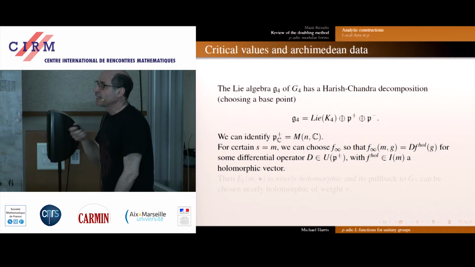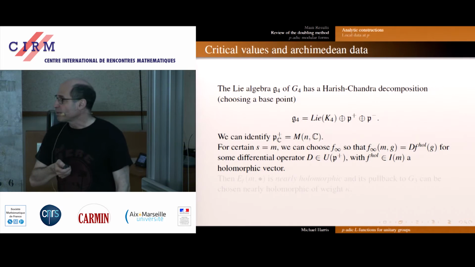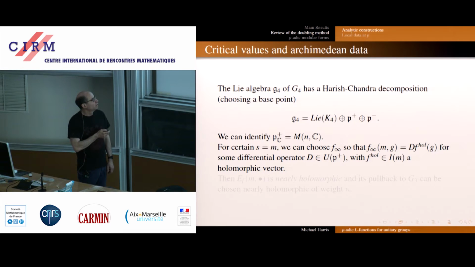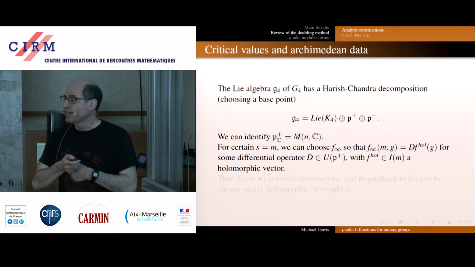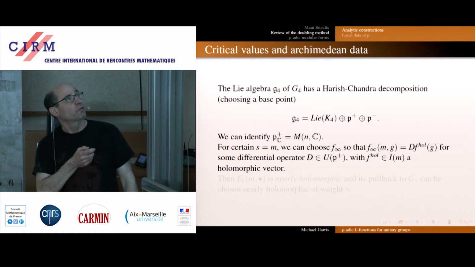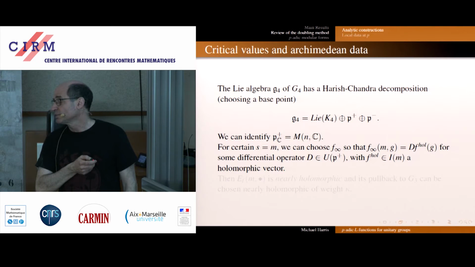This induced representation has an irreducible subrepresentation, which is generated by a holomorphic vector, which we will call F holomorphic. And it is generated not only over the enveloping algebra of G4, but in fact over the enveloping algebra of this P plus, which is the symmetric algebra, because P plus is an abelian Lie algebra. Okay?